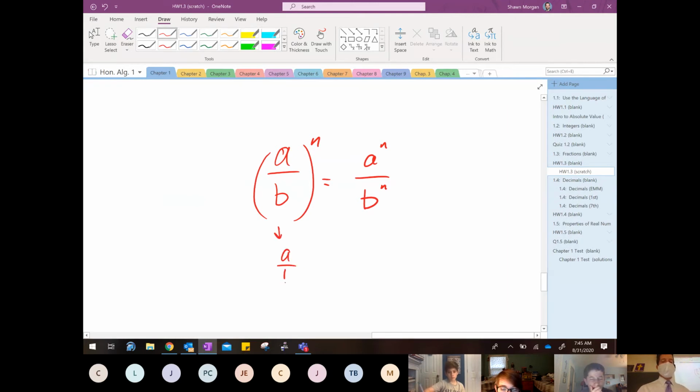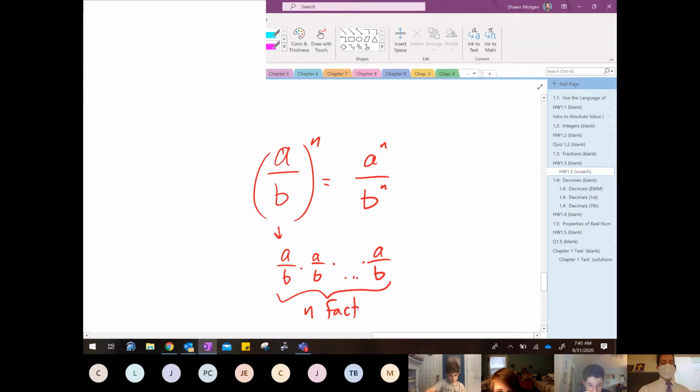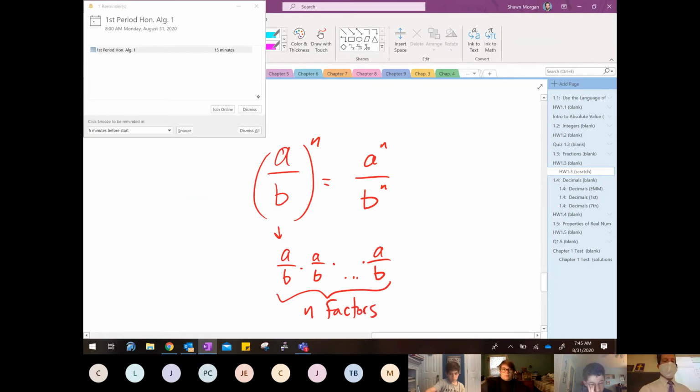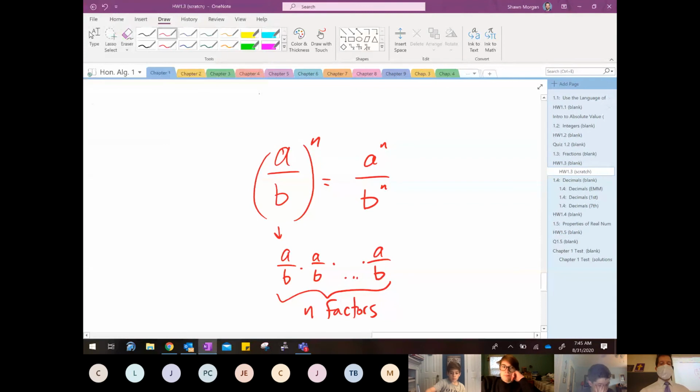So like A over B times A over B times dot, dot, dot times A over B, however many n factors there are. And then of course, you would just do top with top, bottom with bottom. And you say, oh, well, look, there's n A's. And that's where that numerator came from.